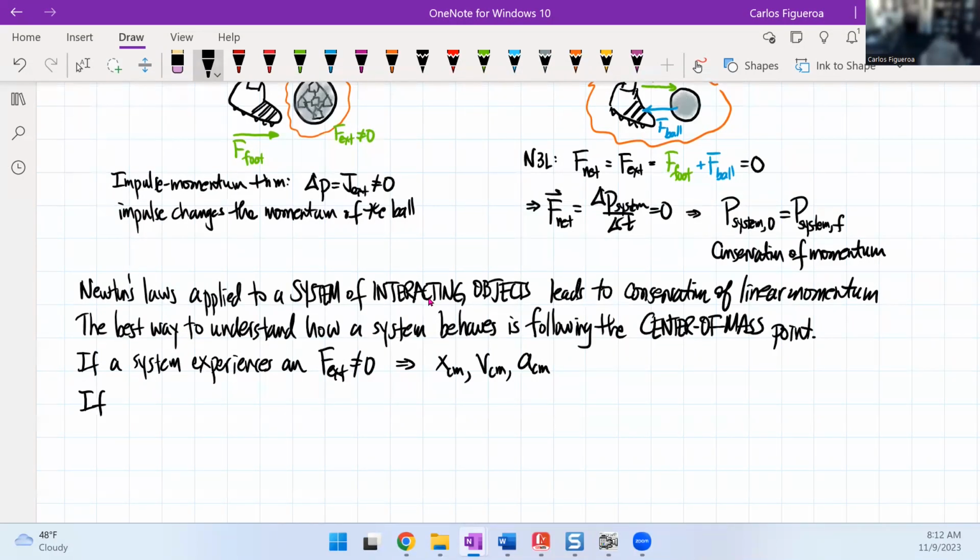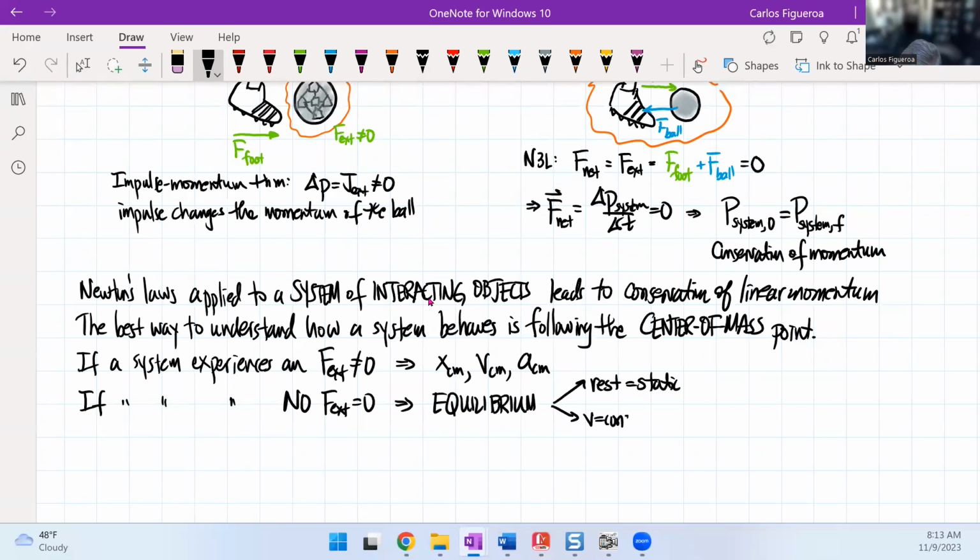If a system experiences no external force, then the system is in equilibrium. And when we say equilibrium, we mean it's either at rest, or static equilibrium, or it's moving at constant velocity, which is what we call dynamic equilibrium.